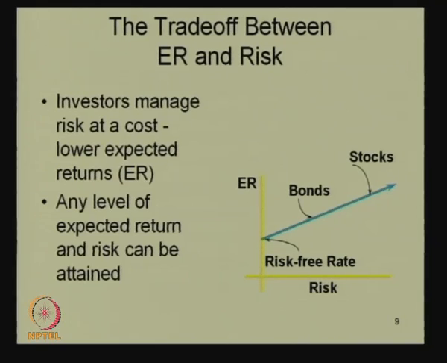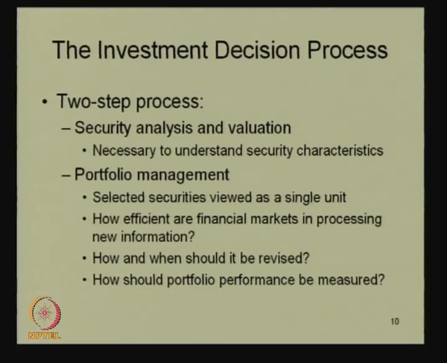So, like that, if you put other financial assets in it, the risk return trade off always varies depending upon the various investment objectives or the different investment alternatives we have. So, this is basically the trade off between expected return and risk.